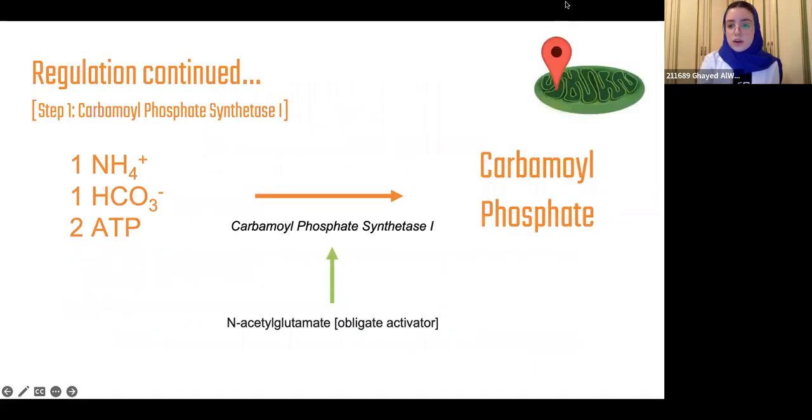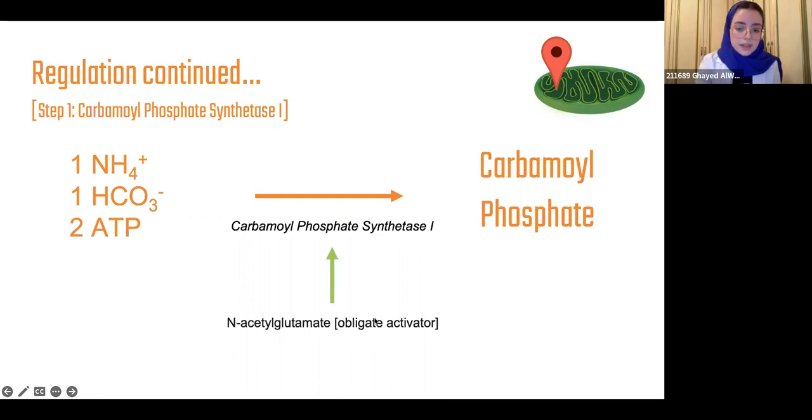And so this is the reaction again. We have a molecule of ammonium, we have bicarbonate, we have 2 molecules of ATP, and by carbamoyl phosphate synthetase 1, we get carbamoyl phosphate. And again, the obligate activator is N-acetyl glutamate. So this reaction has a lot of things that it needs in order to proceed, which is why it's the critical step. It's how we can regulate the cycle.